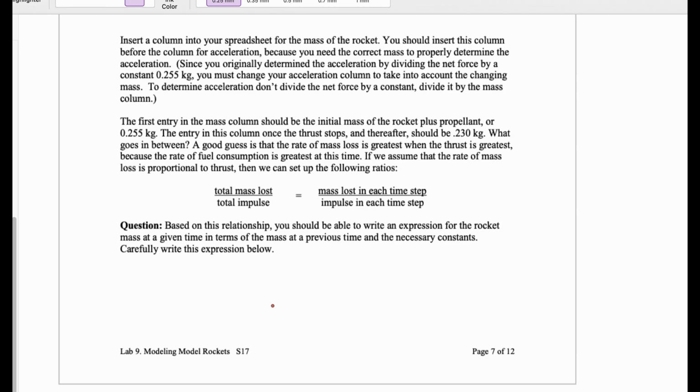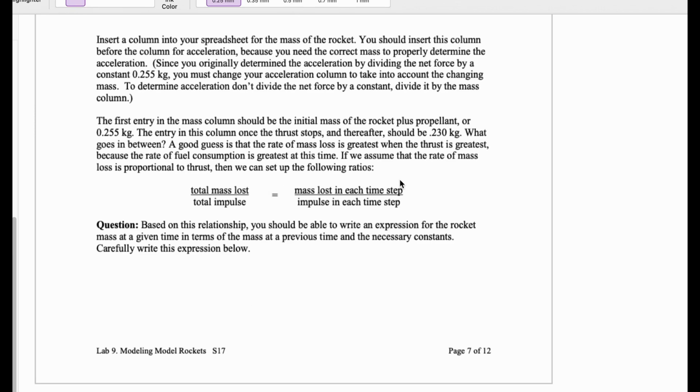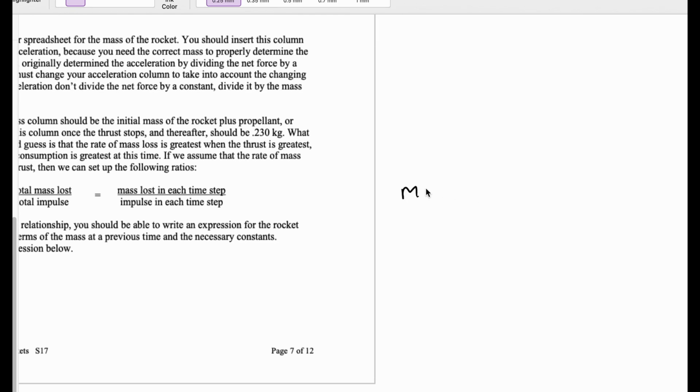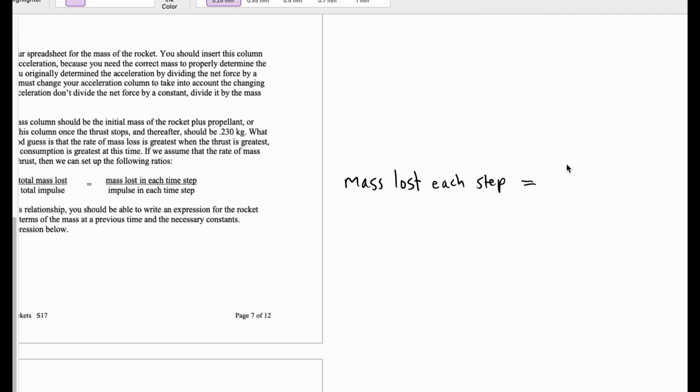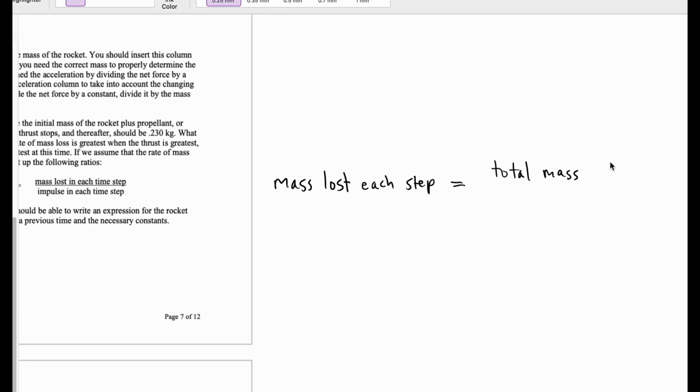I just want to solve it for the mass lost each step.